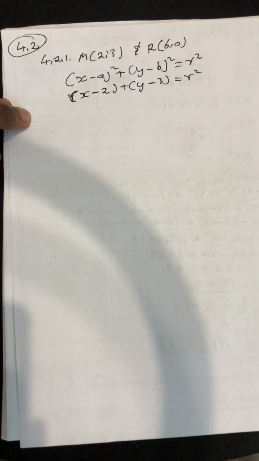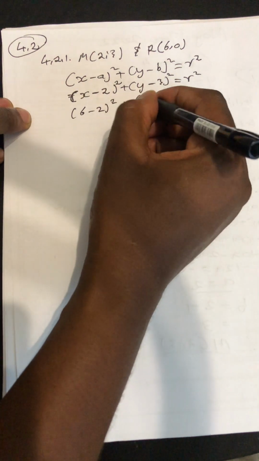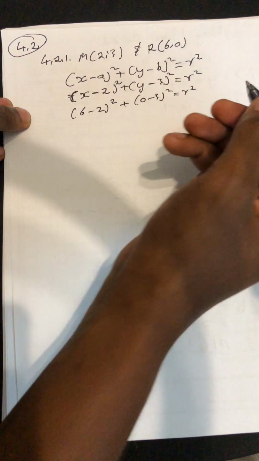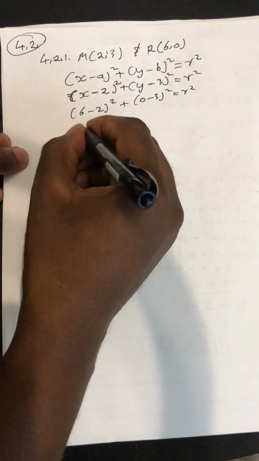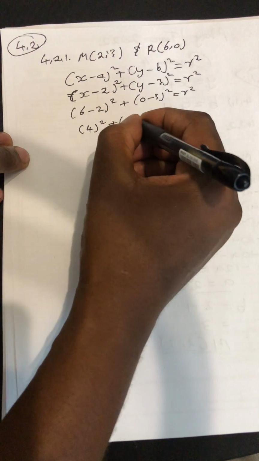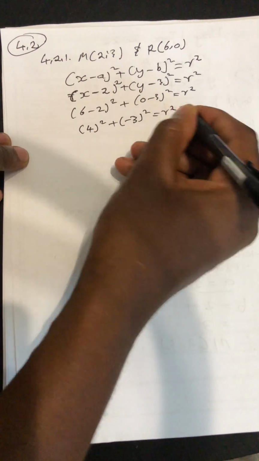Then we replace x and y by the points that we have. If you look at the point, we know that our x is 6. I'm going to say (6 minus 2) squared plus (0 minus 3) squared is equal to r squared, which is the same as 4 squared plus negative 3 squared is equal to r squared.